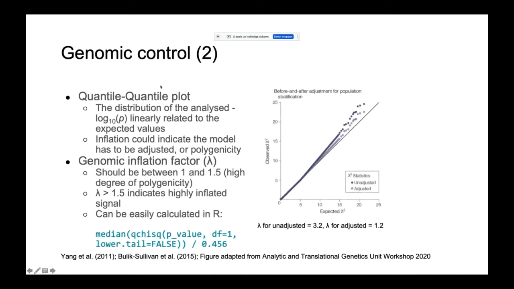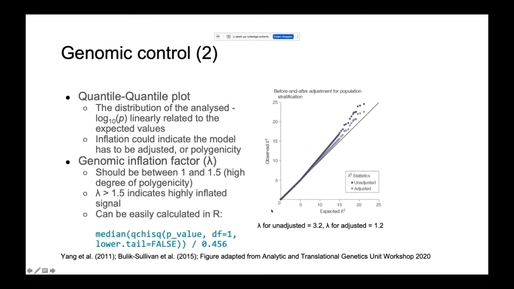Going into the quantile plot and the genomic inflation factor a bit further. So in this figure we see an unadjusted model, so a model that's not properly adjusted for cryptic relatedness, etc., and a model for which that is the case. And in the unadjusted model, we see a considerable inflation of the signal, and this is not the case for the adjusted model.